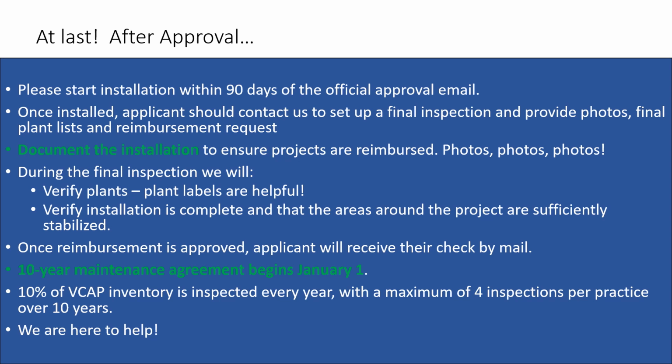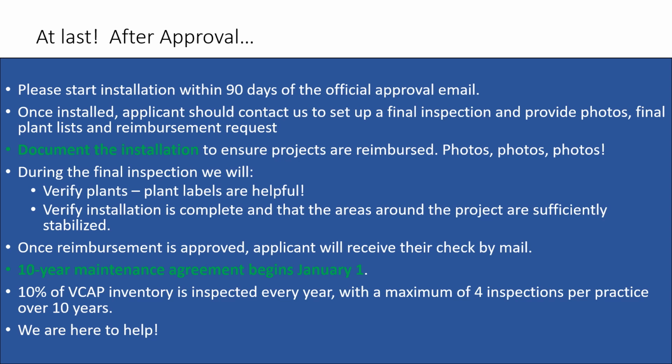Okay, after approval is received, please start the installation within 90 days of that official email that says the project is approved. If there's a reason that it can't be started, please communicate with us. It's important that we have a sense of when these projects are being installed. Once installed, the applicant should contact us to set up the final inspection.